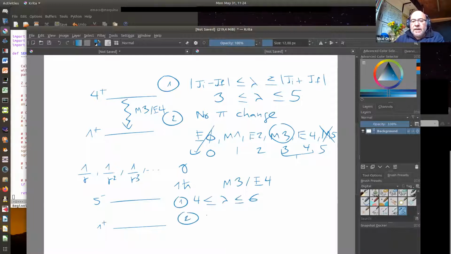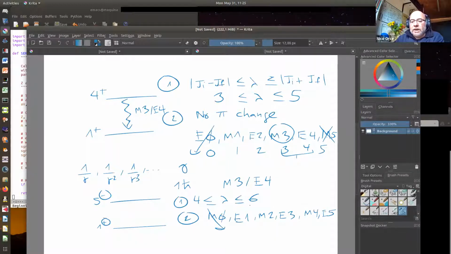The possibility starts with a parity change, because we have minus and plus. So we start with M0, the magnetic monopole, which no one has seen before, then E1, M2, E3, M4, and E5.